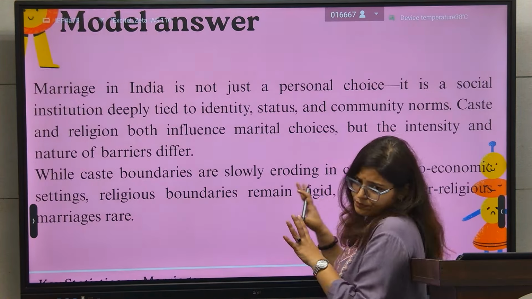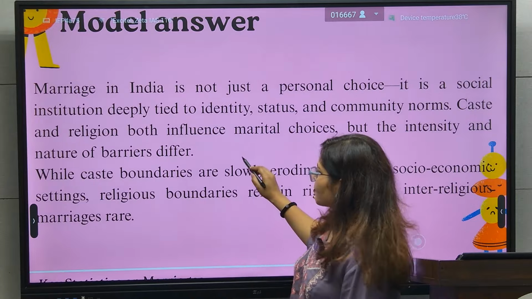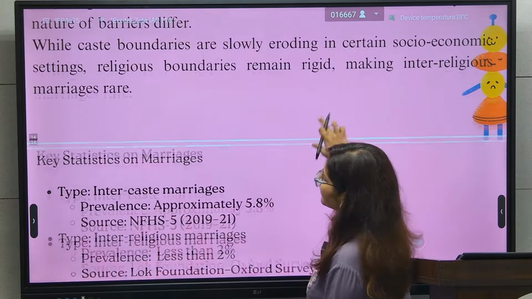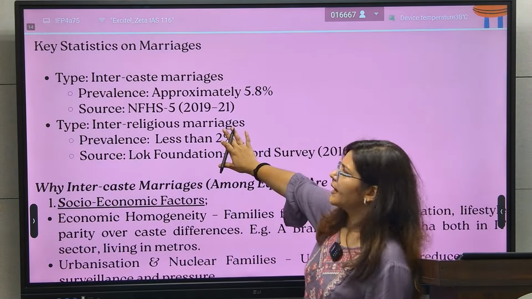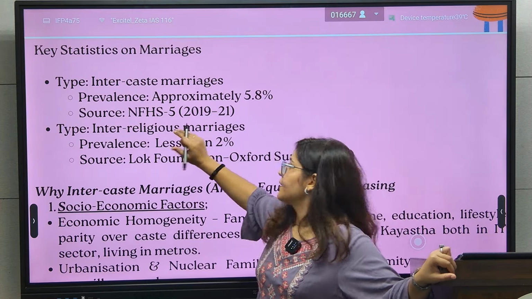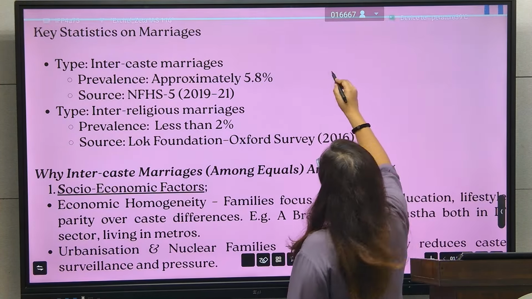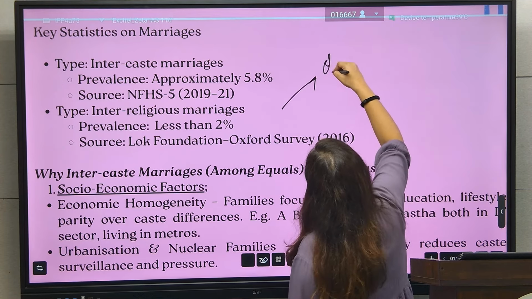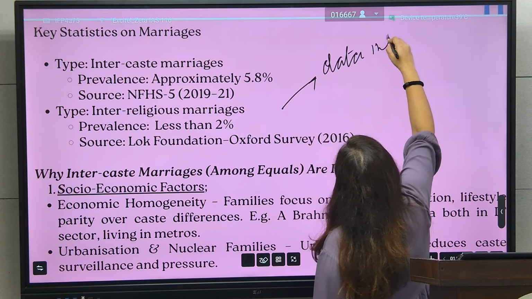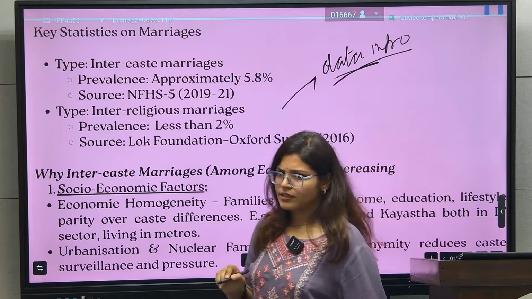If you don't have the data, go with the marriage. If you have data, I also provide data, so go with the data for the intro part, because in this type of question, the data intro will be more specific.